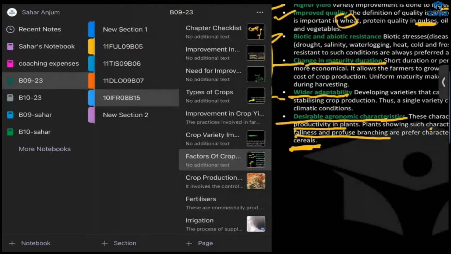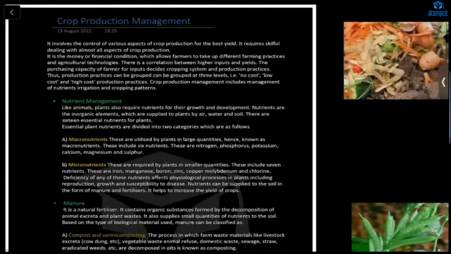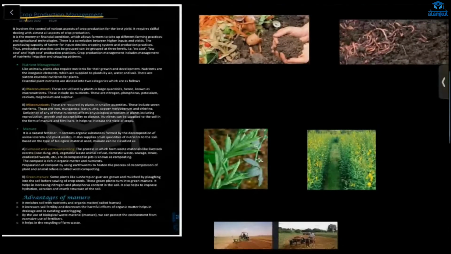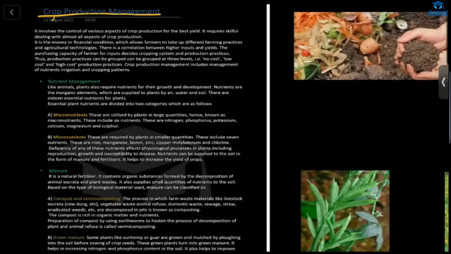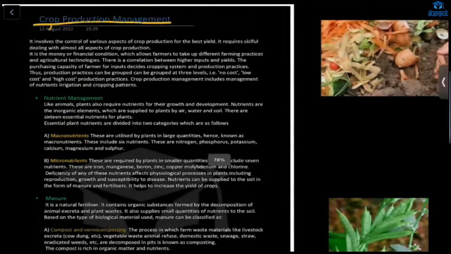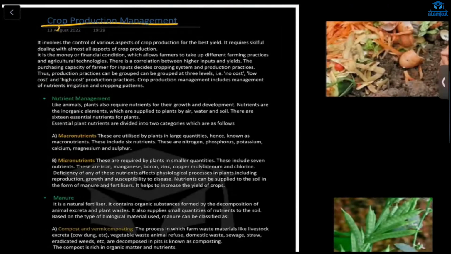Next, after that, crop production. What is that? First we are improving the variety. After improving that variety, we are producing. We have to produce, right? For that we have to manage. This is what we do in crop production management. If we provide more inputs, we will get higher yield.